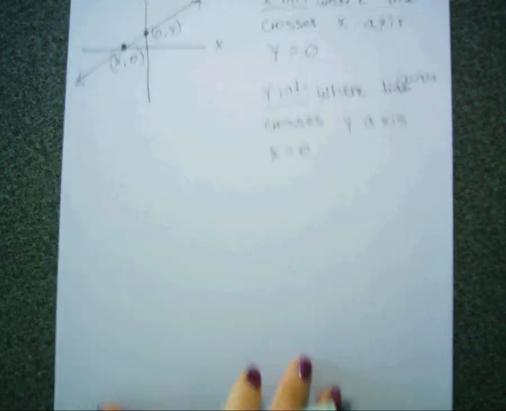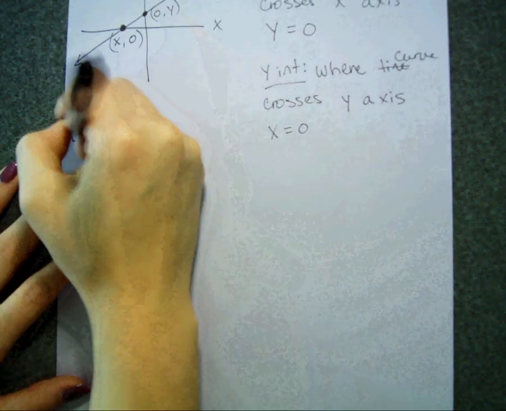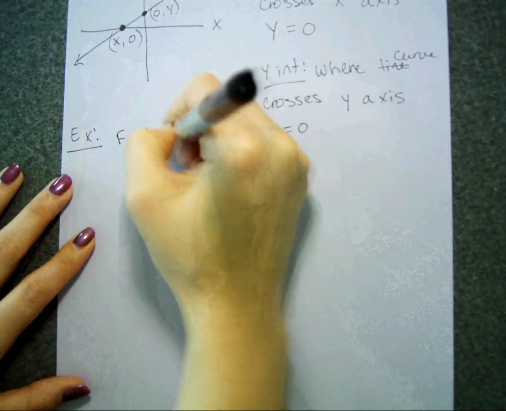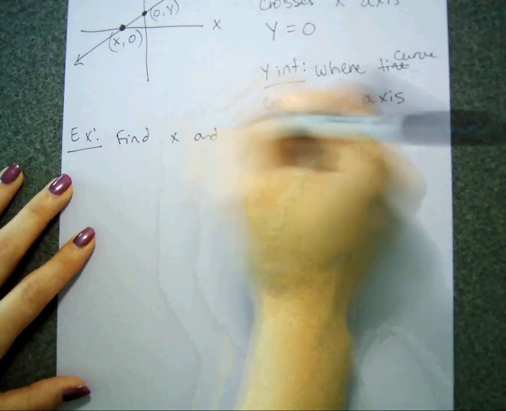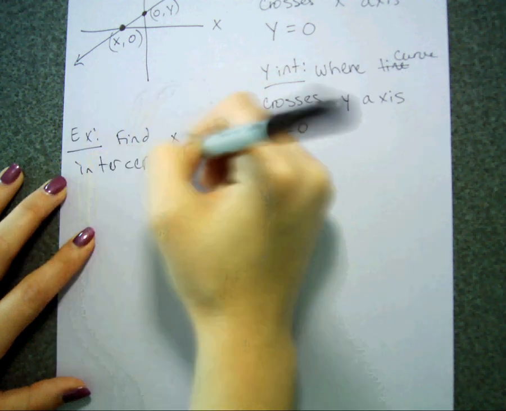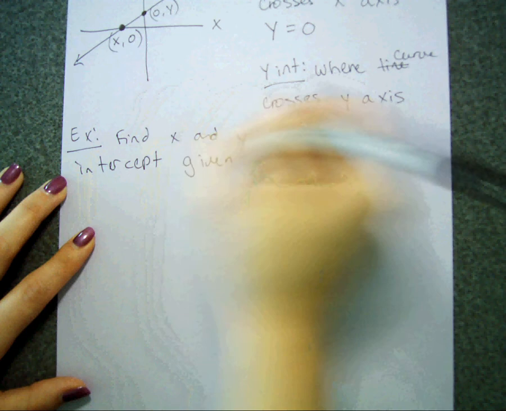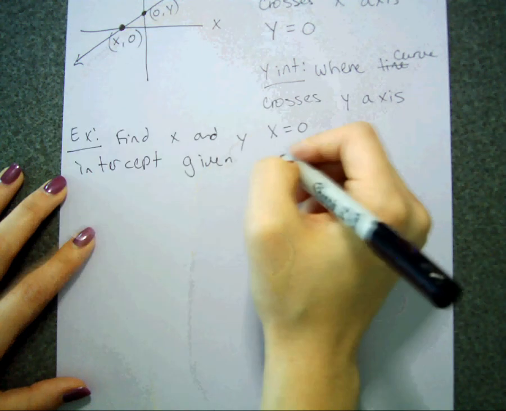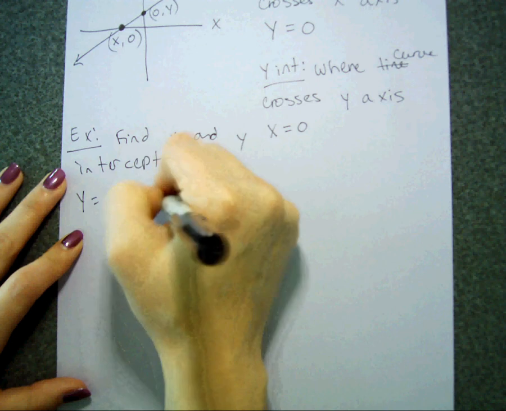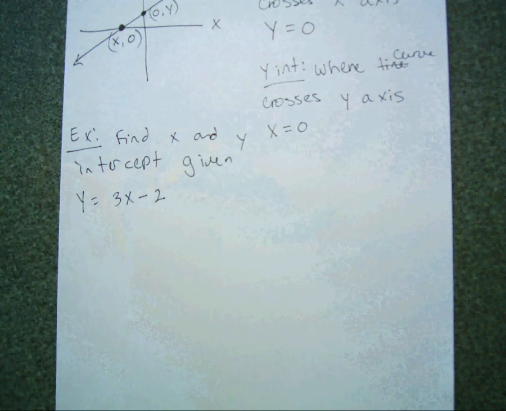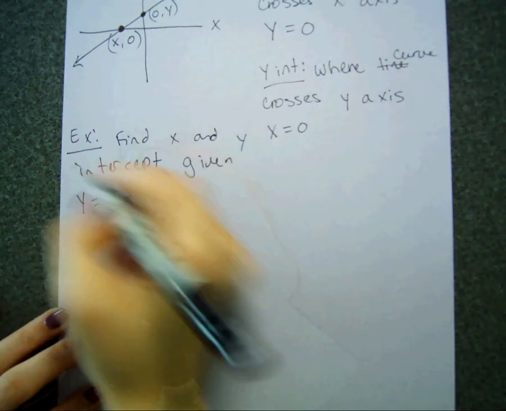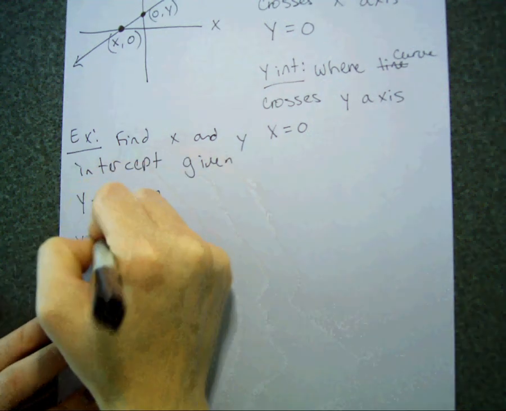So let's go to an example. I want to find the x and y intercept. We'll start with a fairly basic one, given y equals 3x minus 2. Let's say I start with the y-intercept.